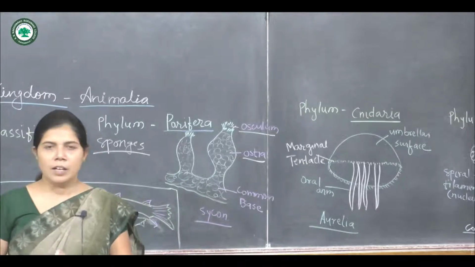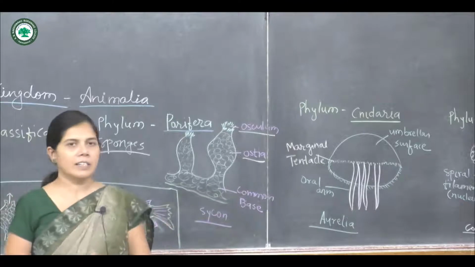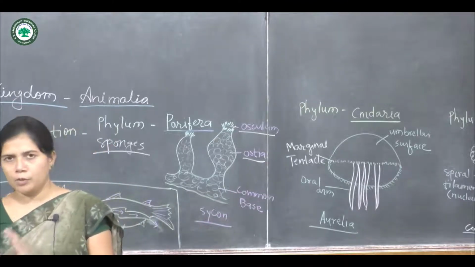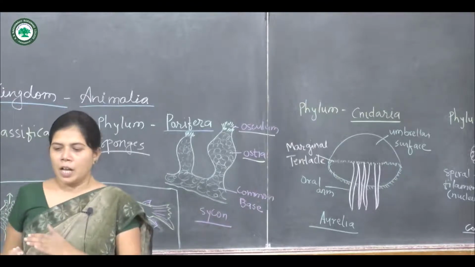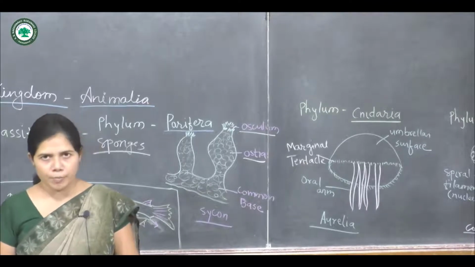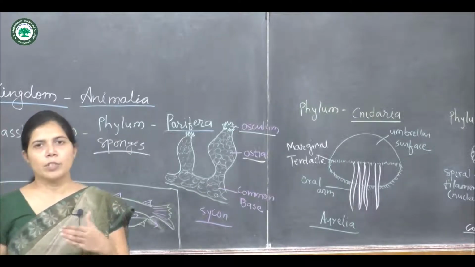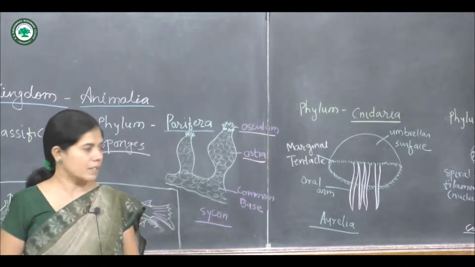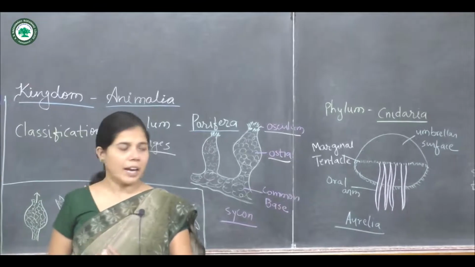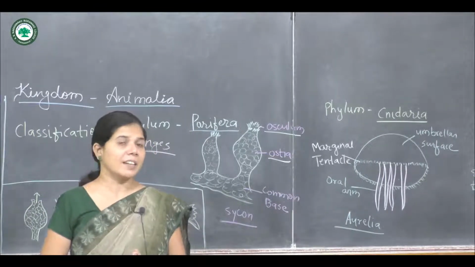The animals of Cnidaria are aquatic. Mostly they are marine and a few are freshwater animals, and they are sessile or sometimes free swimming, meaning they are sessile and adhere to the substratum, and some are free swimming in nature. The symmetry of animals from Cnidaria is radial symmetry.